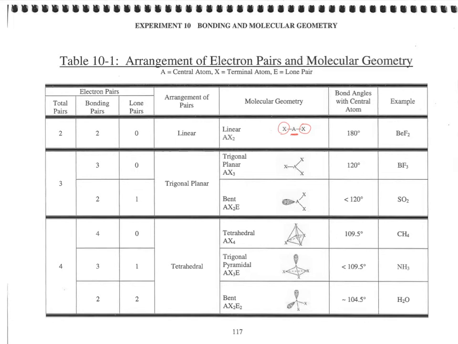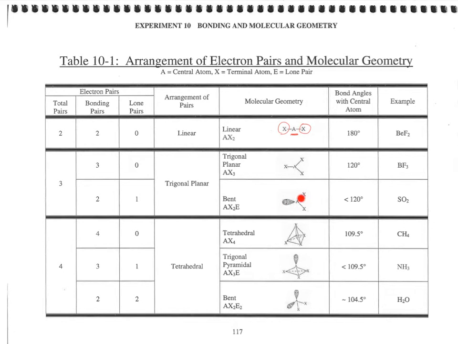And here, AX2E, that's again 2 bonding pairs, 1 lone pair. The overall arrangement of pairs is still trigonal planar right here. But when we talk about the molecular geometry, we only focus on the atoms, not including lone pairs.